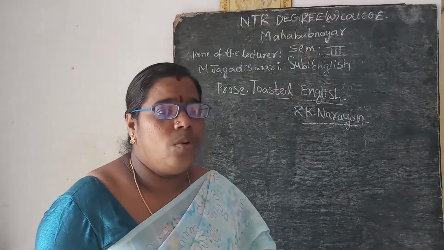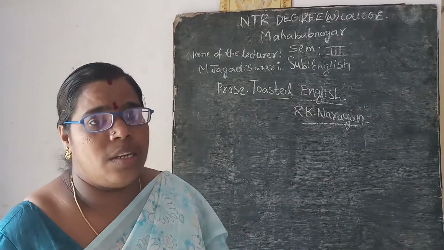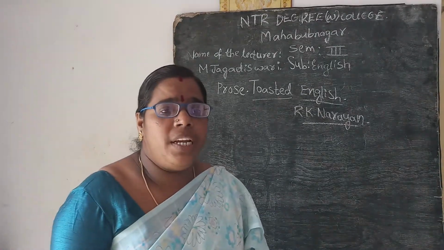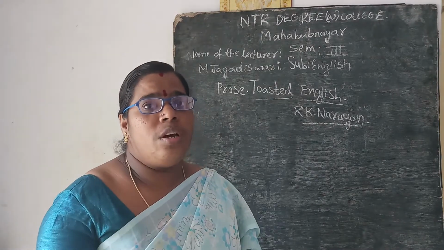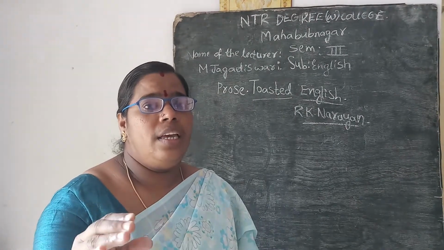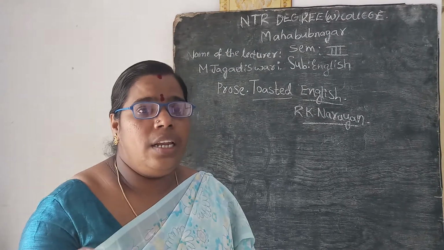You can also have the introduction of this lesson through these pre-reading activity questions, so that you can understand a few terms that are used in the lesson Toasted English.